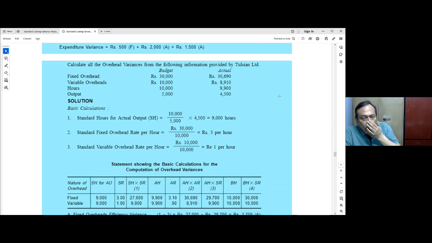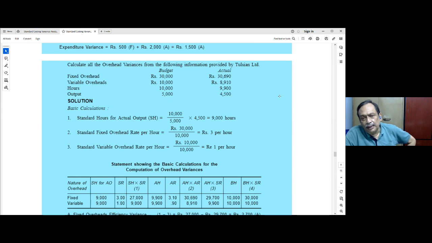So before preparing the table, we have to do the necessary workings, that is, basic calculations. Standard hours for actual output, that is SH, is 10,000 by 5,000 into 4,500. It comes to 9,000 hours.